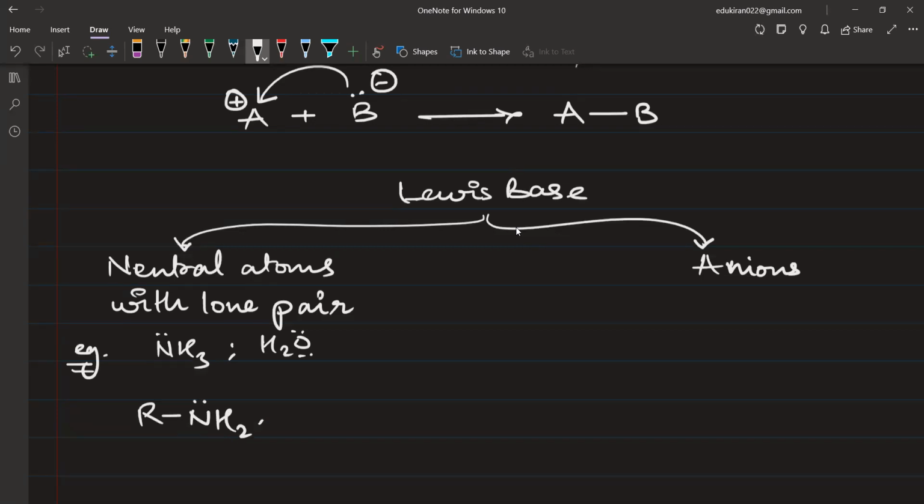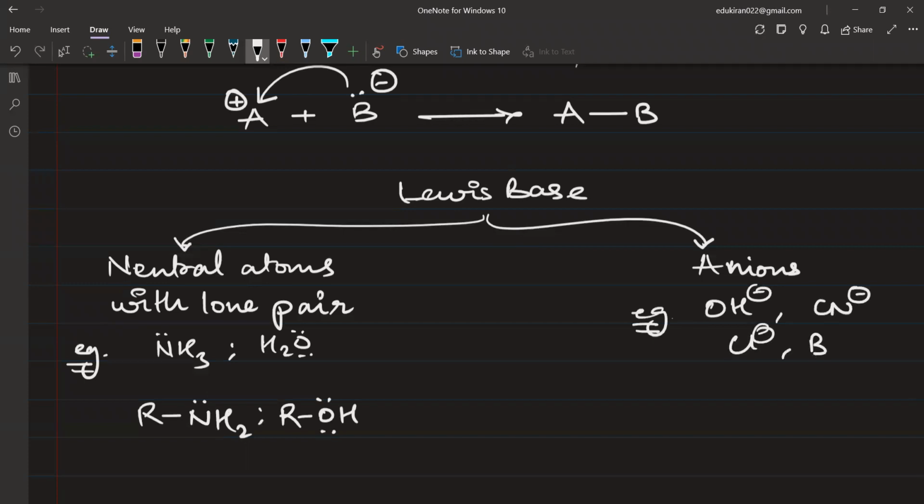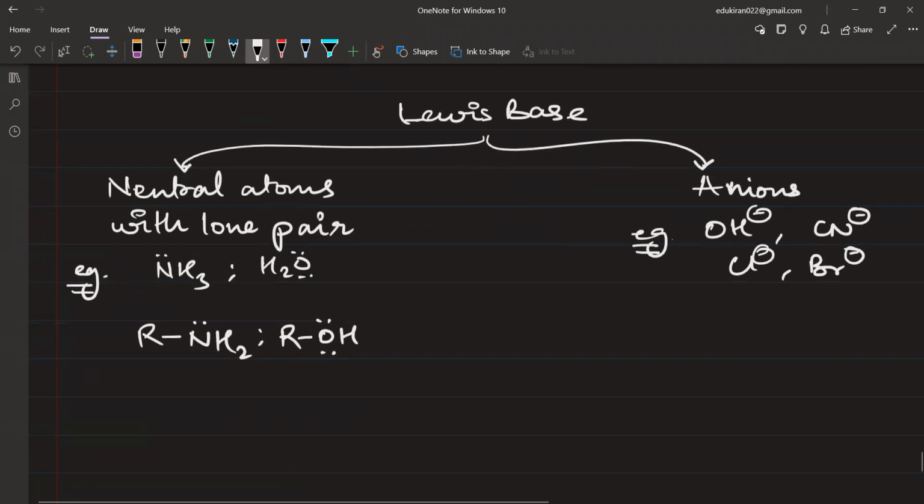Okay. Similarly, alcohols can also act as Lewis bases. Anions, if we talk about anions, you can have OH negative, CN negative, Cl negative, Br negative, right? All of these things can act as Lewis bases.